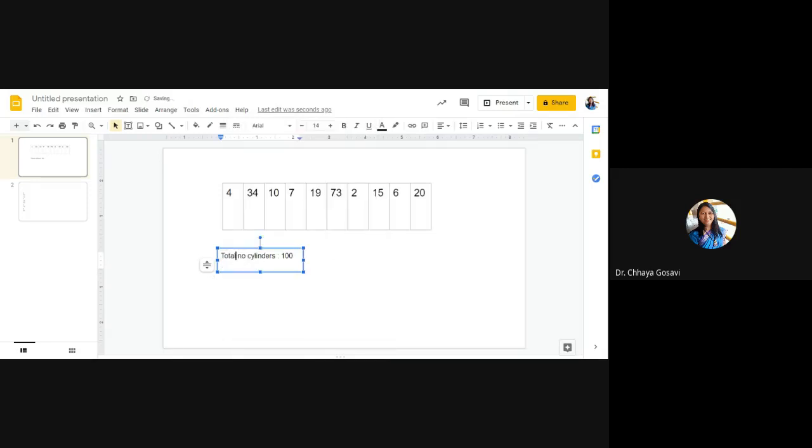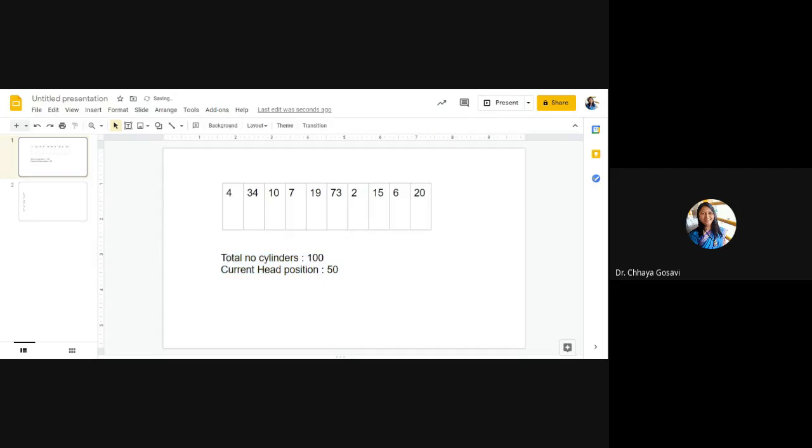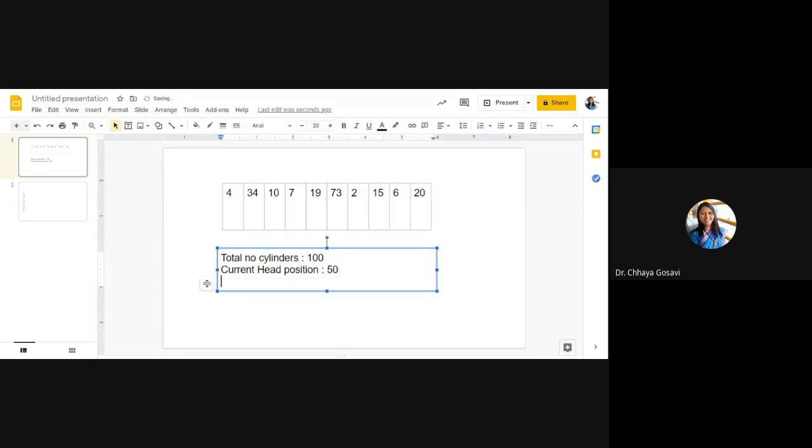Current head position is at 50. Solve it with FCFS, first come first serve.